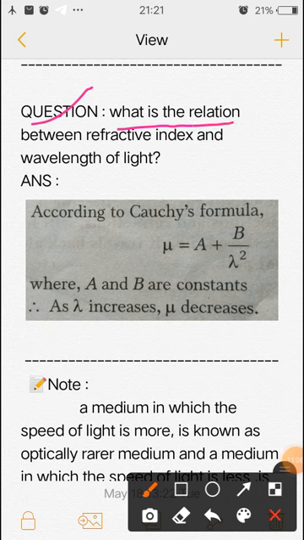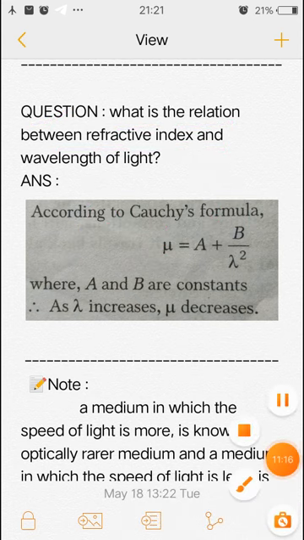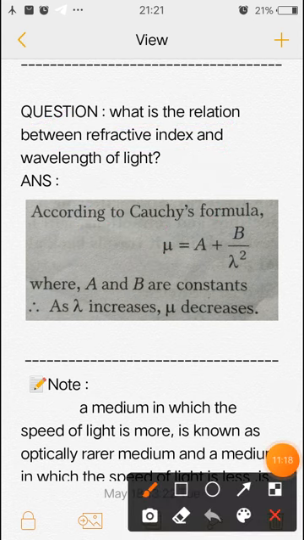Next, here is a question: what is the relation between refractive index mu and lambda? Lambda is the wavelength of light. According to the Cauchy formula, mu is equal to a plus b by lambda square.